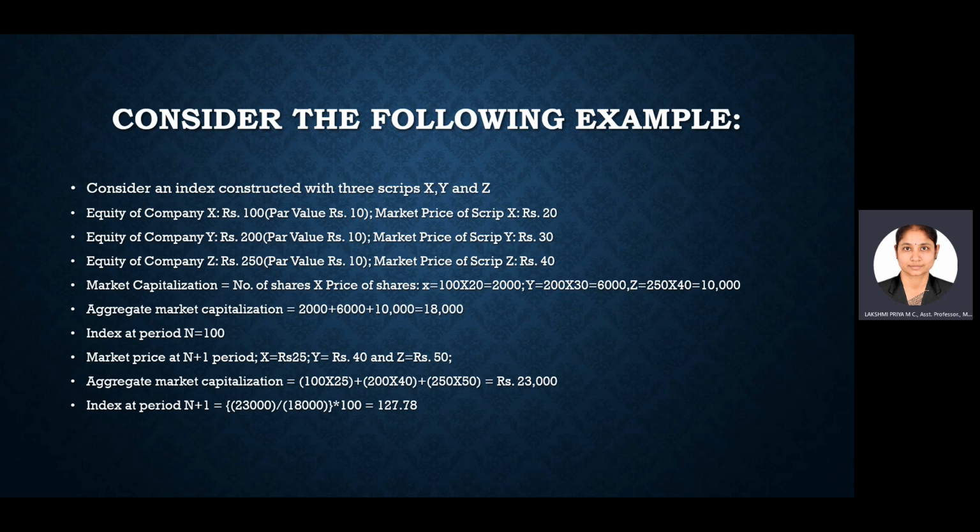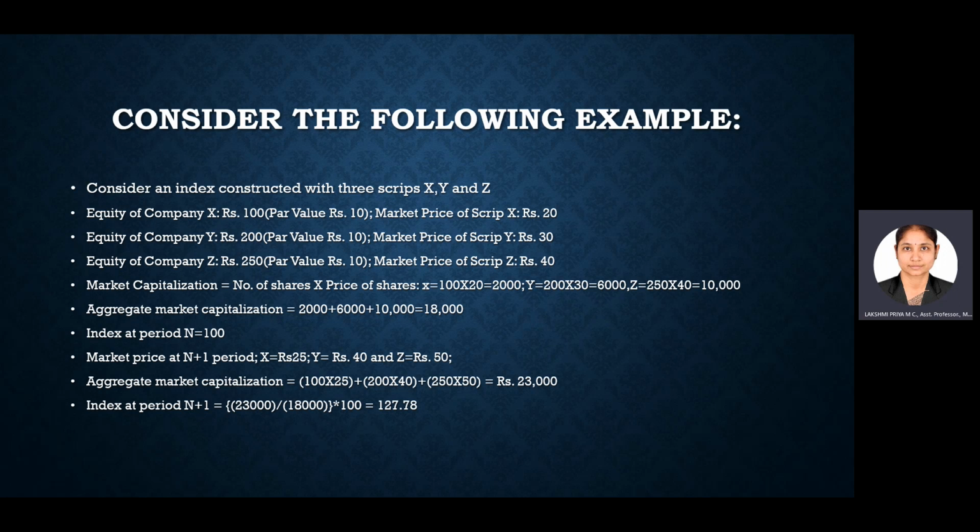So the base year index, that is during the base year, is taken as 100. Now, the market price at period n plus 1 for company X is rupees 25, company Y price is rupees 40 and company Z price is rupees 50. Now the aggregate market capitalization is 100 into 25 plus 200 into 40 plus 250 into 50, which is equal to 23,000.